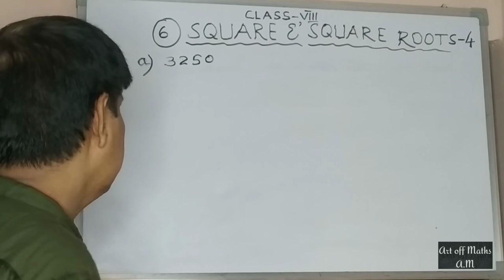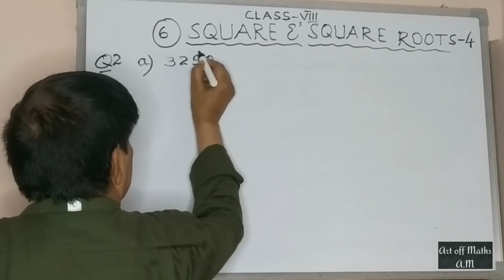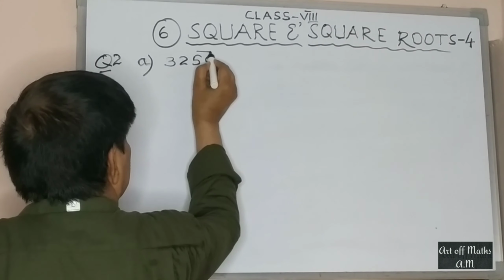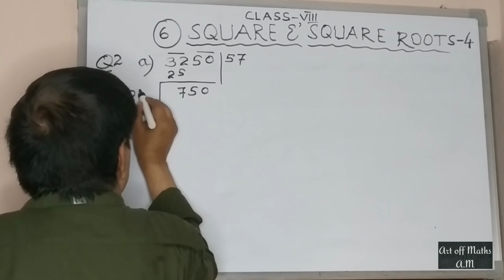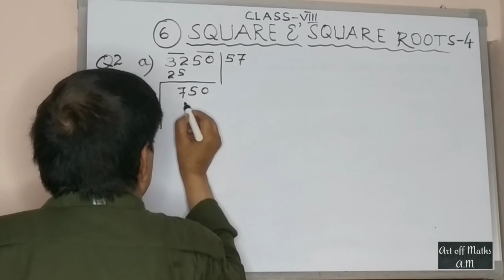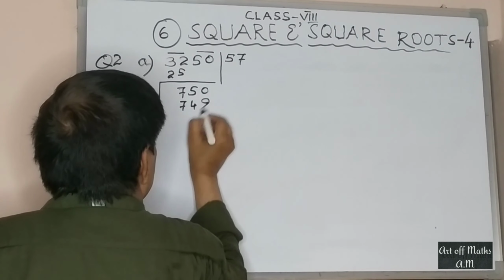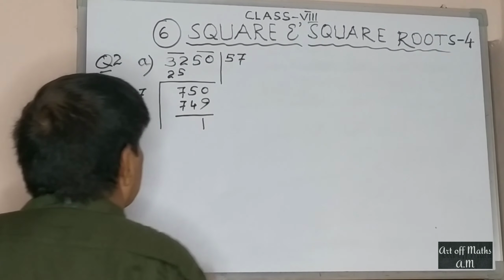The first question, first part. Now put a bar over the digits. Now being it is 32, we have to think of 5. 5 is 25. 7, 5, 0. It will become 10, double. 7, 49, 1.